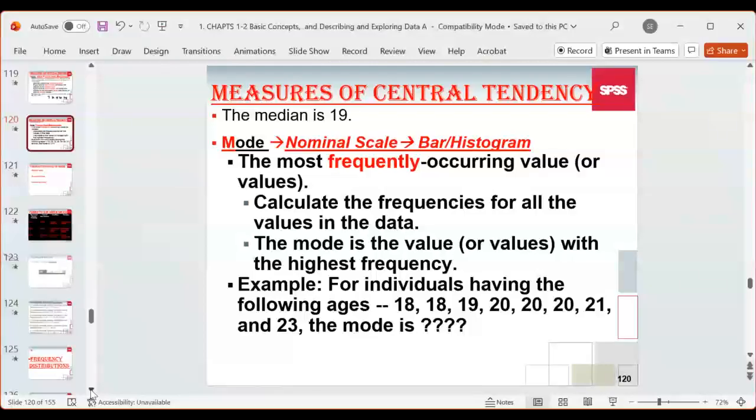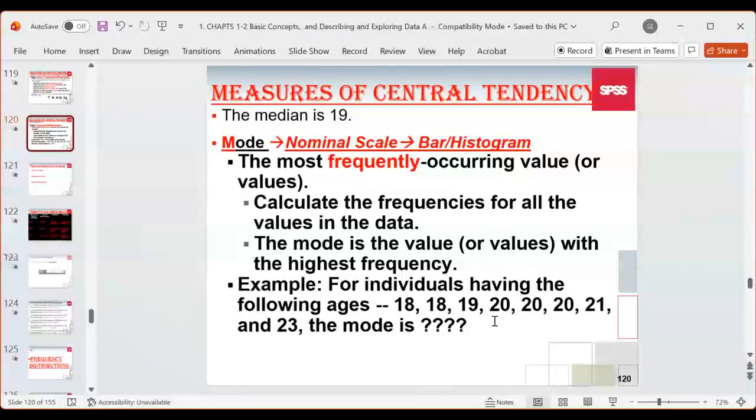It shows that the number of lattes is 10 million for the last month. That's the frequency of that latte. So mode goes with the nominal scale, and we use it in a bar graph or histogram, and I will show you that again. It's the most frequently scored.